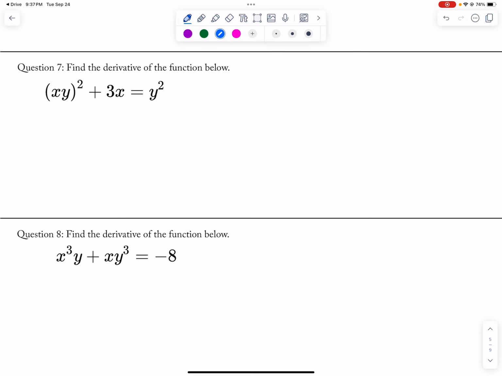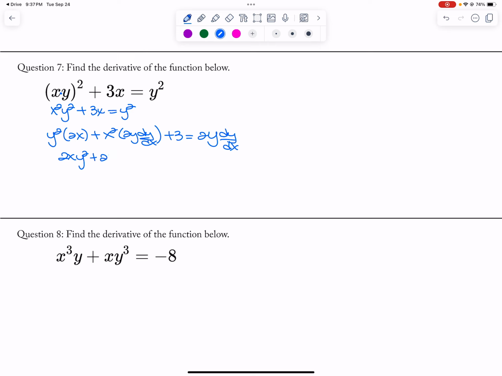And then here, I would have probably done this as x squared y squared, because there's no addition in between there. There's multiplication. And then plus 3x is equal to y squared before I went and did the derivative. So y squared 2x plus x squared 2y dy/dx plus 3 is equal to 2y dy/dx. So then I get 2xy squared plus 2x squared y dy/dx plus 3 is equal to 2y dy/dx.